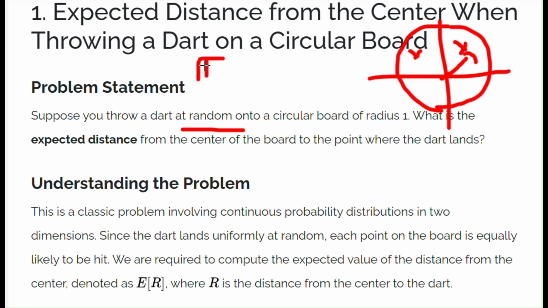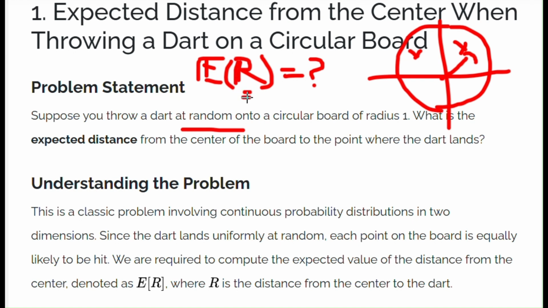So let's say the distance is denoted by r, then we are looking at finding the expected value of r. So the first thing to consider is to look at the distribution of the random variable. Our random variable here is r, the distance from the center.